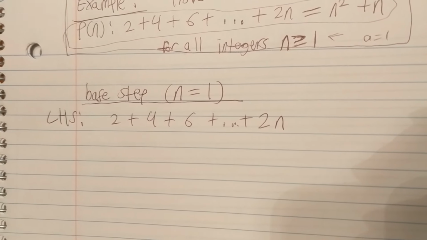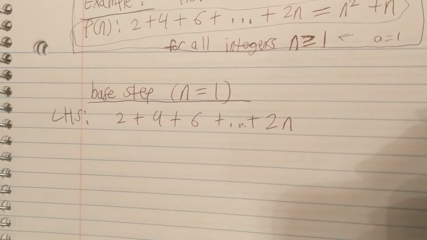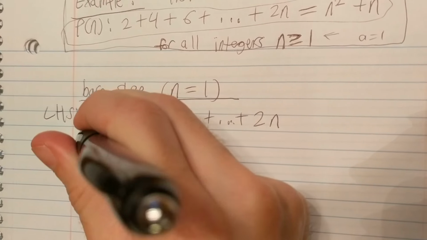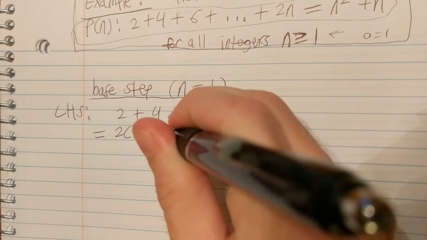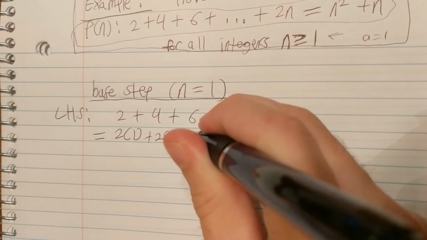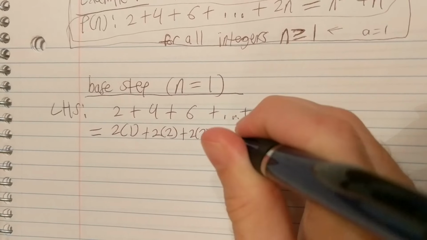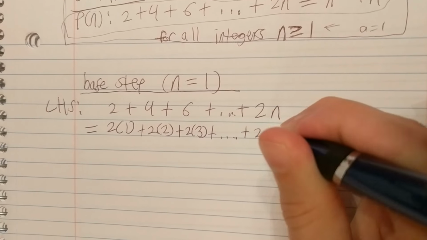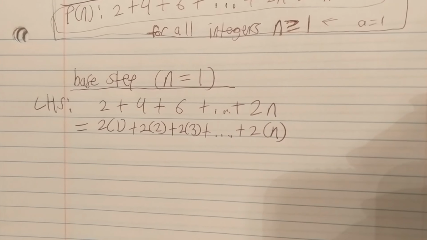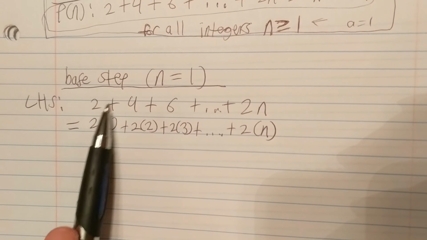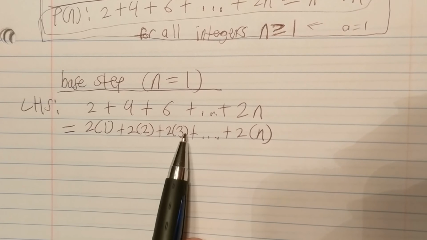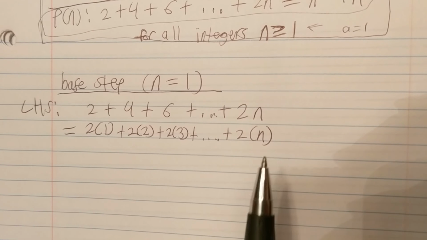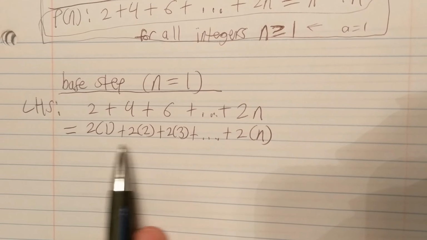Now what does this mean? I think it'll be a little bit simpler if I rewrite it in another way. This is equal to 2 times 1 plus 2 times 2 plus 2 times 3 all the way up to plus 2 times n. So as you can see, this is all the integers from 1, 2, 3 all the way up until a general integer n, multiplied by 2.